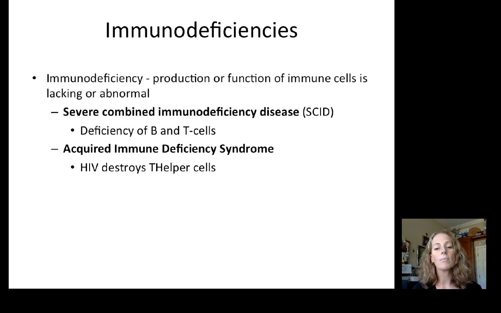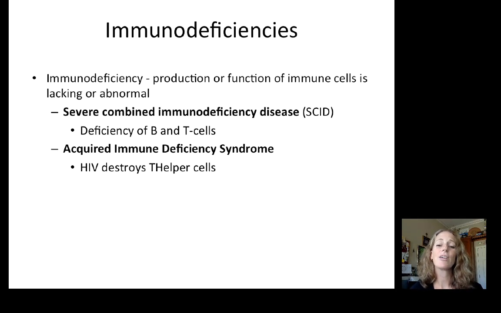So acquired immune deficiency syndrome happens because HIV specifically destroys helper T cells. Helper T cells are necessary for activating cytotoxic T cells to kill infected body cells. They're necessary for activating B cells. So the entire immune response will be lowered by the destruction of helper T cells.